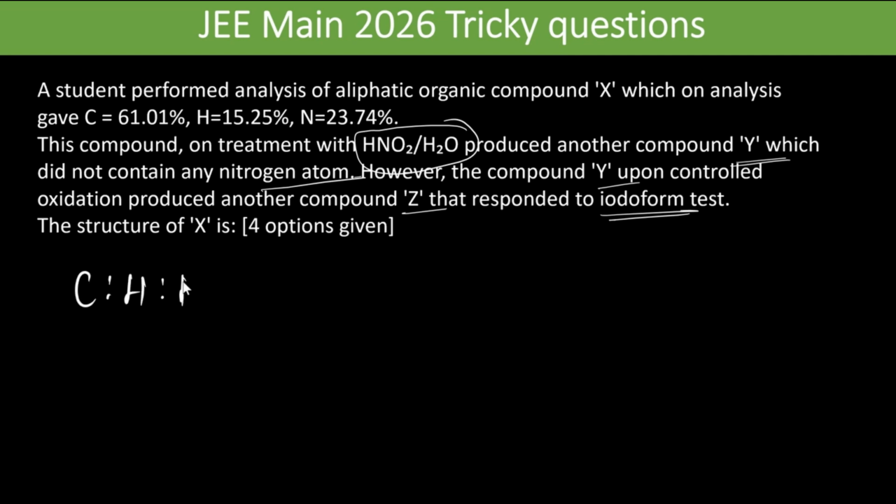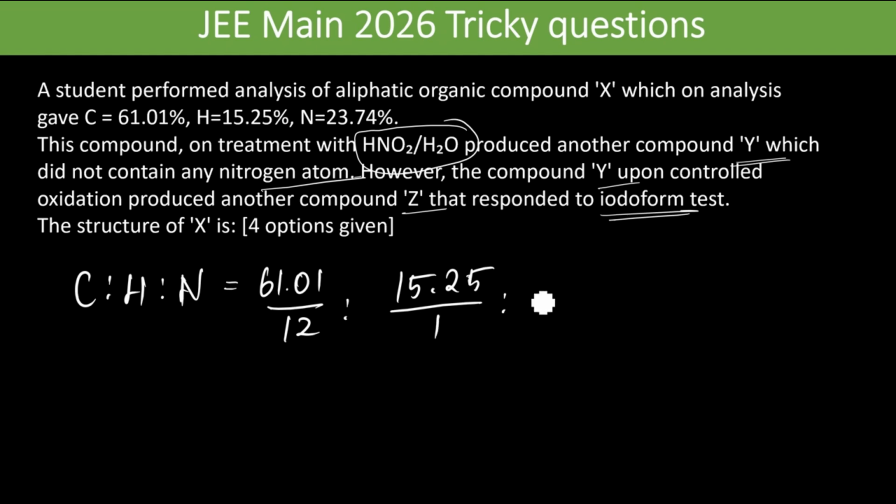So C, hydrogen and nitrogen, those are given. So let's do that in this method. 61.01 divided by 12, 15.25 divided by 1, 23.74 divided by 14. Right.